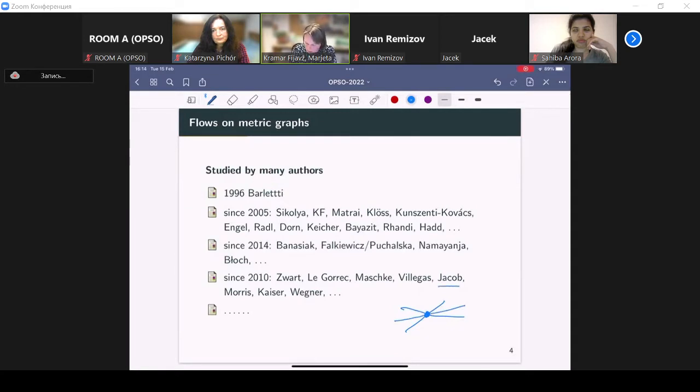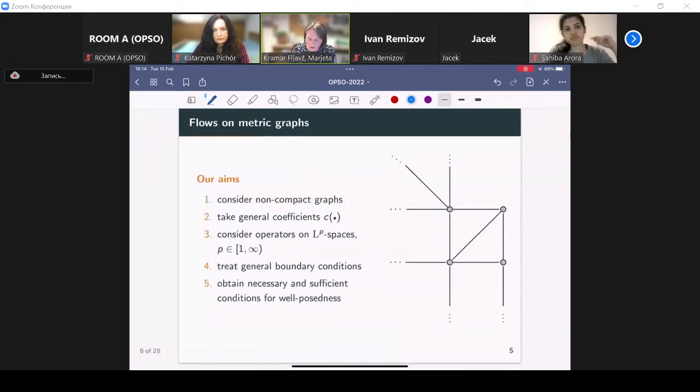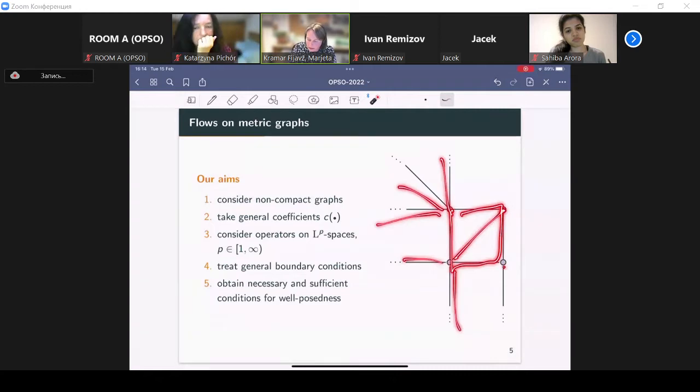These last authors, I think it was maybe 2019 or 2020, is when the first papers appeared. Okay, so what we want to study today, we will consider non-compact graphs and also not necessarily just stars, but something like what is written here. So we can have some compact part and then we have these rays going out.